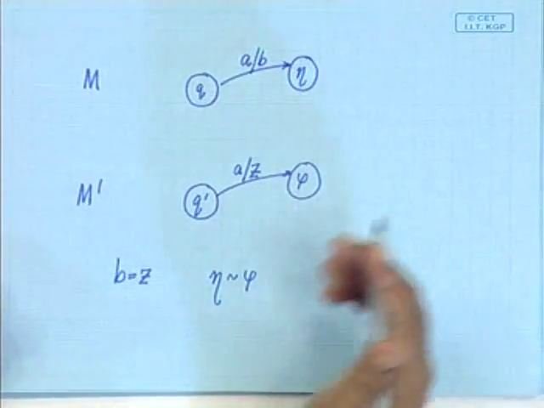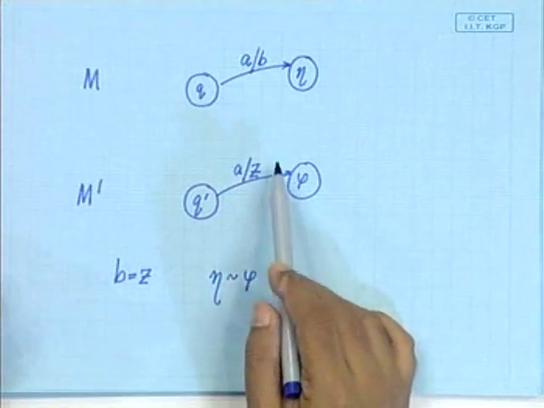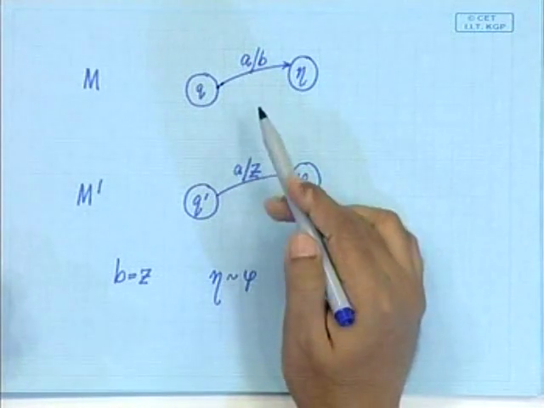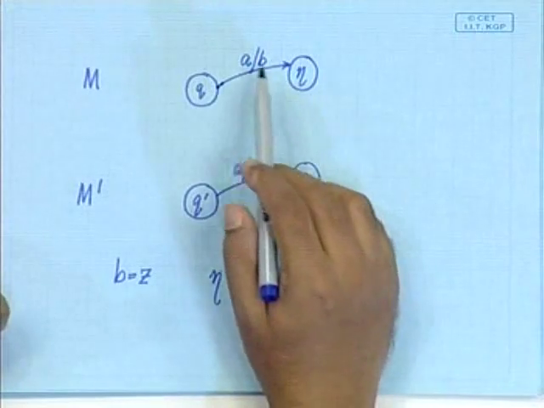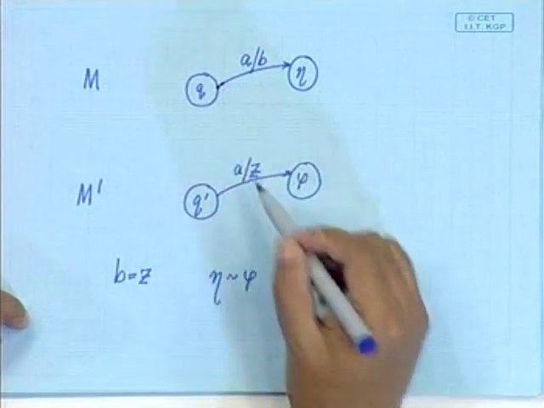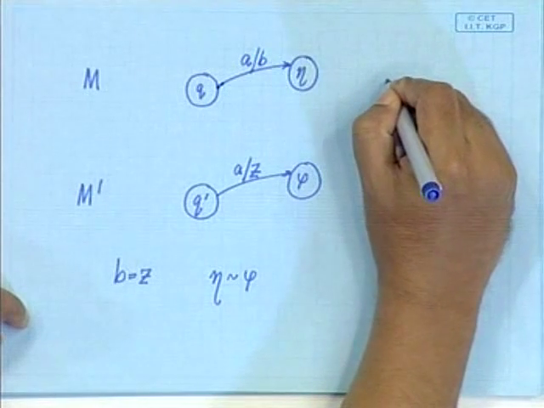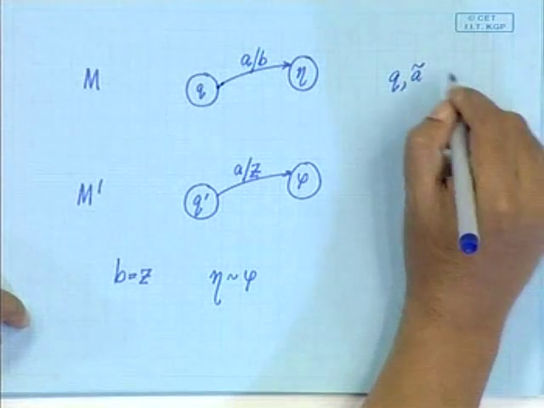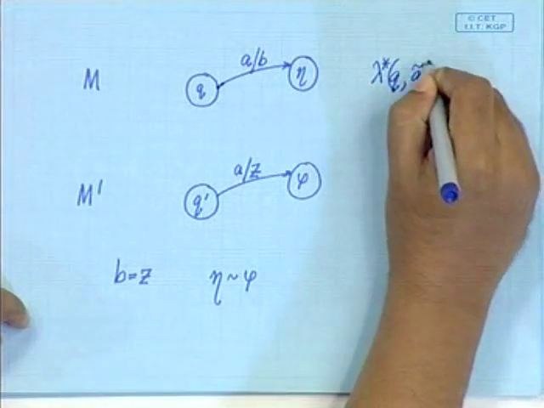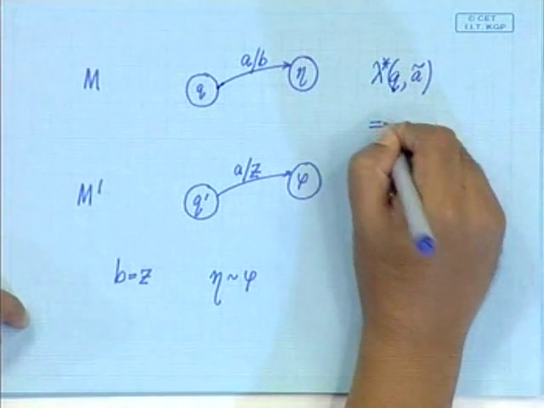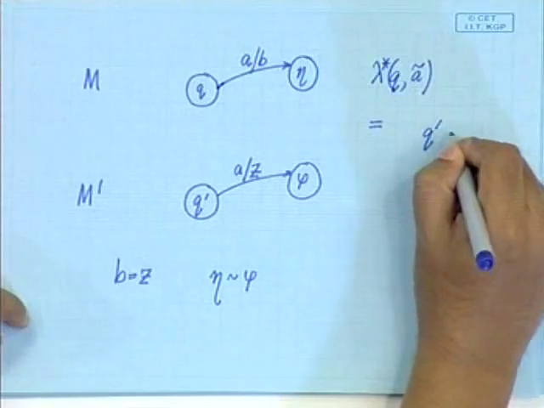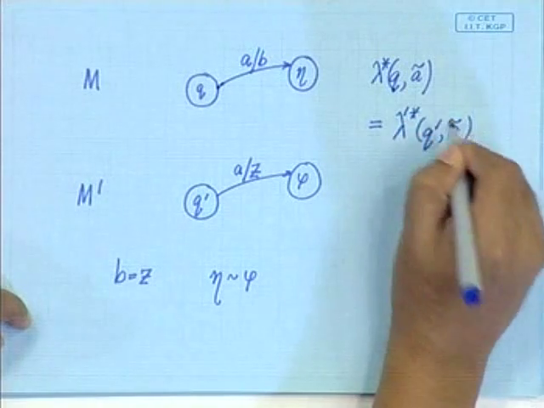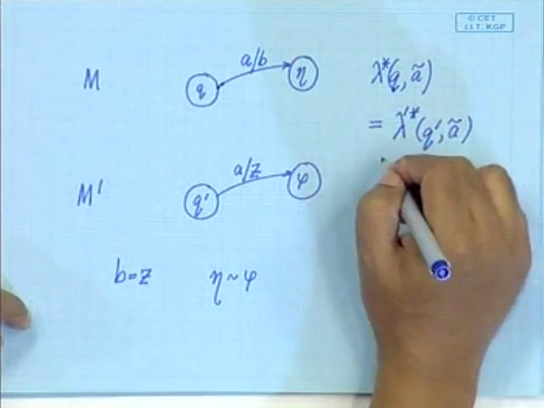So, inductively you can say that the output path function for the two will be the same, in the sense that if I present some sequence of inputs here, then lambda star of this should be equal to what I get if I take q dash and present the same input sequence.